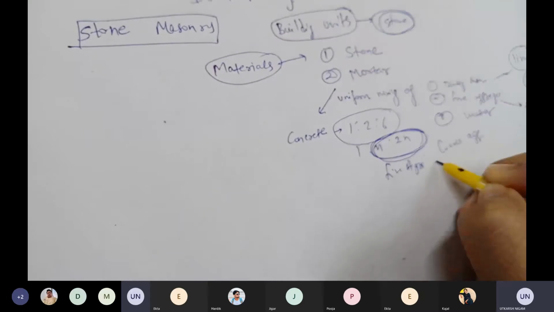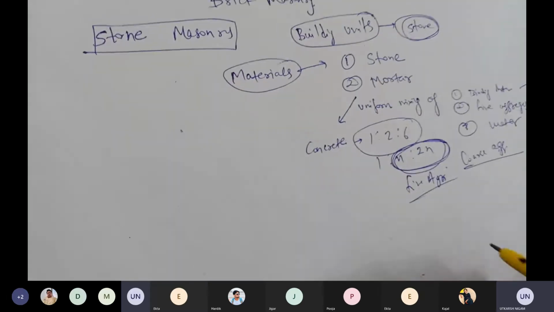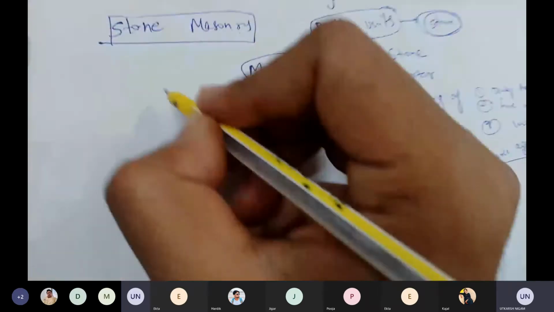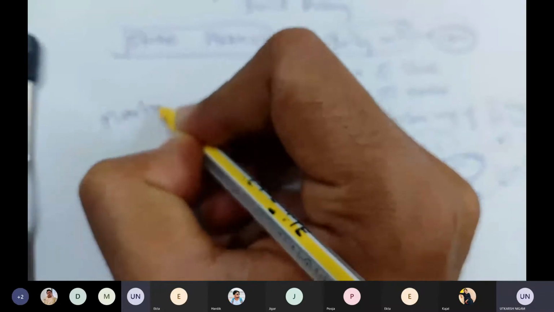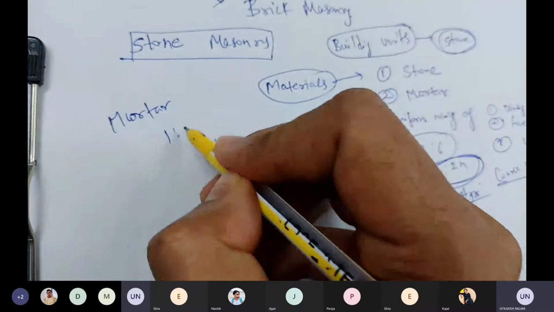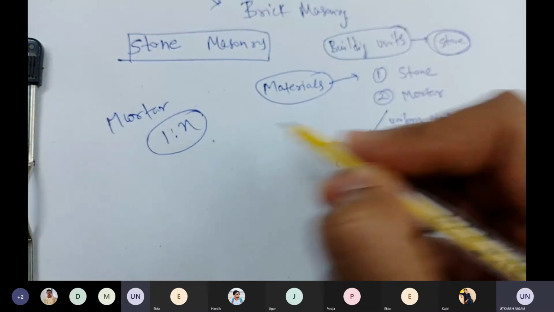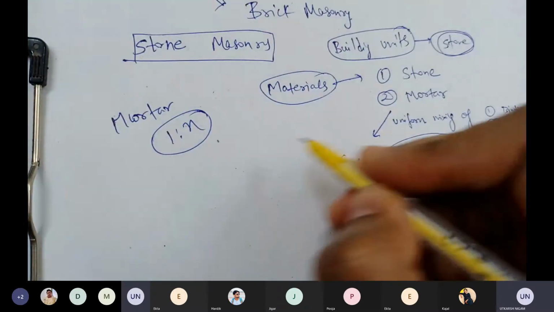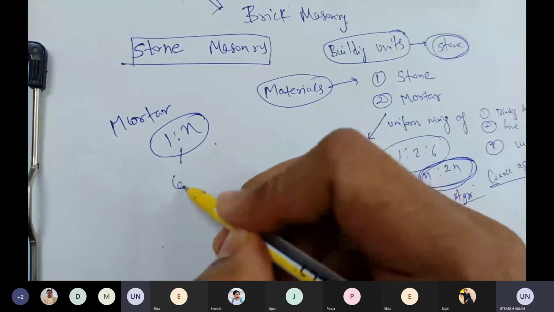But when we talk about mortar, we talk about only 1:1, that is cement in proportion with fine aggregates.